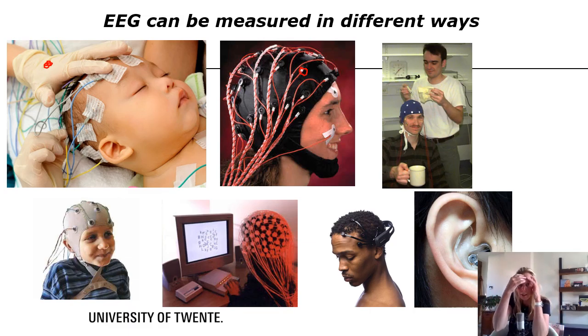You have to position it so the electrodes are on the right spot, and then you can do the measurement. Here you see the same, and here you see a child with an electrode cap. Here you see a different kind of net that is a bit more transparent, but you can place up to 256 electrodes onto the skull.